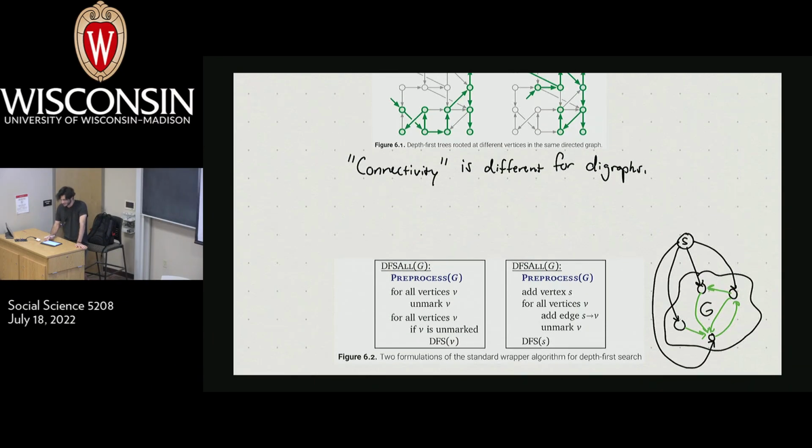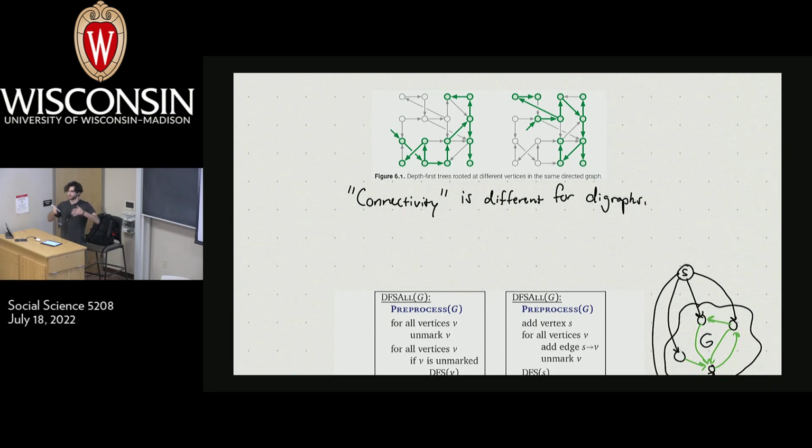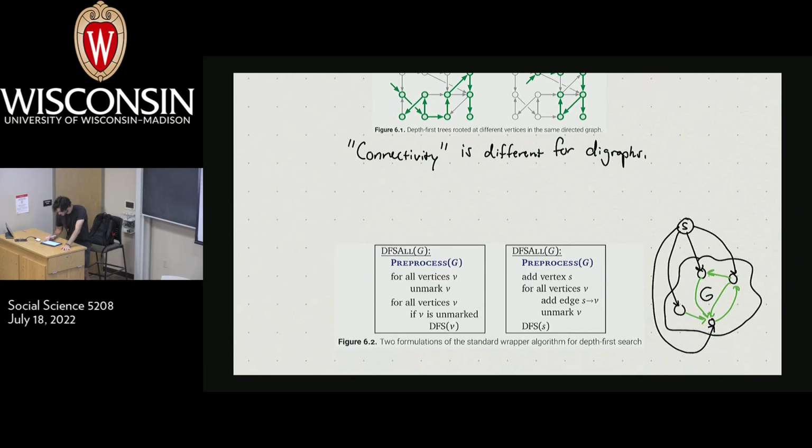And now, because these directed graphs don't have to be connected like before, we can't just call DFS from a single node. We have to call DFS from every node if we want to guarantee we hit everything. So this is just a wrapper function that will throw around DFS.